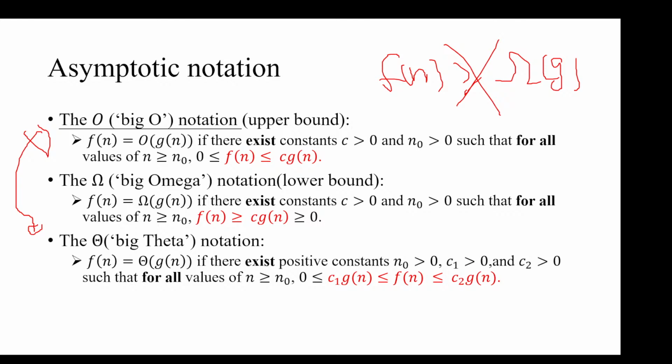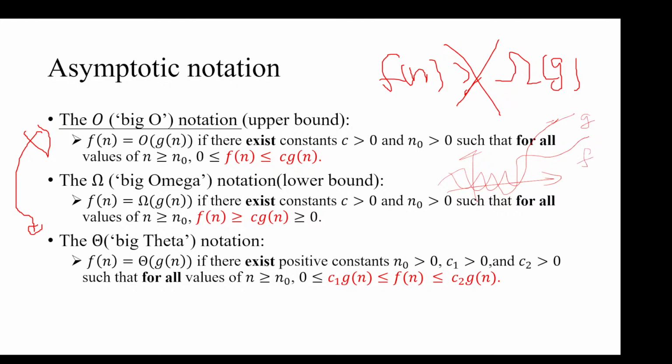The idea is that we have f and g, and they can do whatever they want. Maybe this is f and this is g.